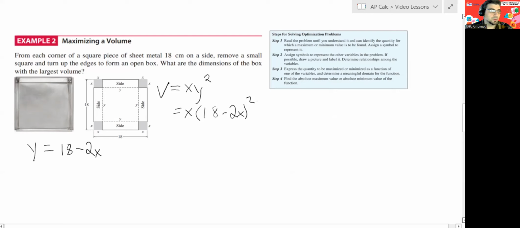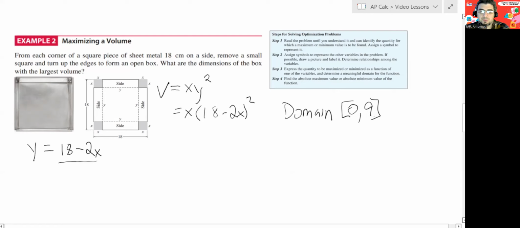Okay, so since both x and y have to be greater than or equal to 0, the 18 minus 2x has to be greater than 0, so the domain is going to be the closed interval from 0 to 9.